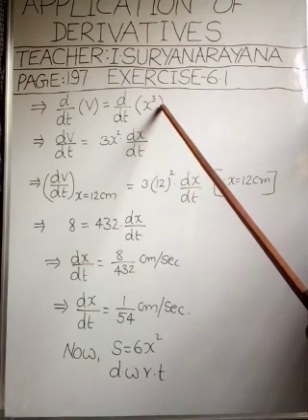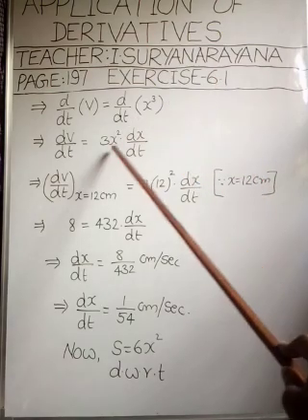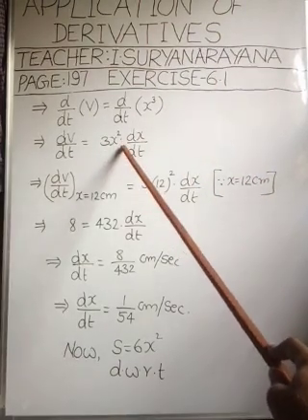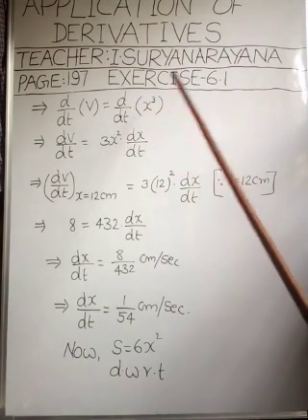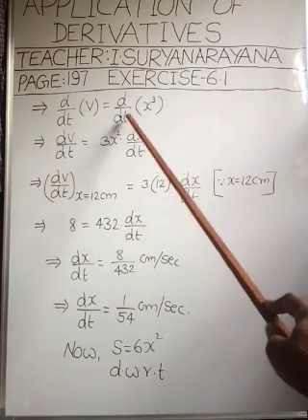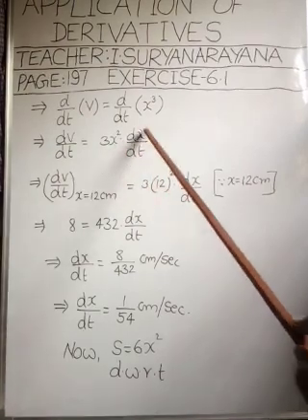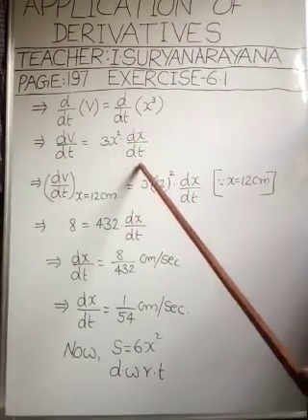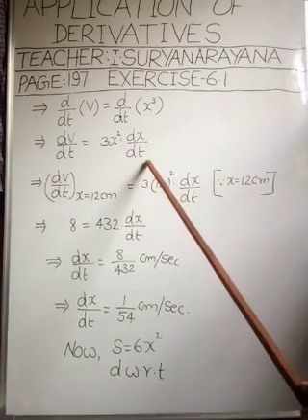So I am using that formula. What is the formula? n into x power n minus 1. So I wrote here 3x square into dx by dt, as we have to differentiate with respect to t. Understood this part, my children, in the RHS? Right. So we got dv by dt is equal to 3x square into dx by dt.